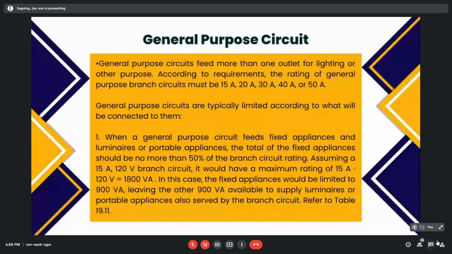In this case, the fixed appliances would be limited to 900 volt amps. So what happens to the other half? We have to leave the other 900 volt amps available to supply luminaires or portable appliances, which are also served by the branch circuit.